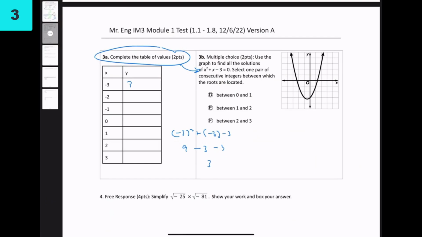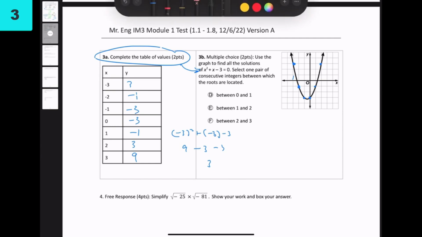And that makes sense because if you graphed it, left 3, up 3, left 2, down negative 1, negative 1, negative 3, 0, negative 3, right 1, down negative 1, right 2, up 3, and then 3, 9, which is off the graph.